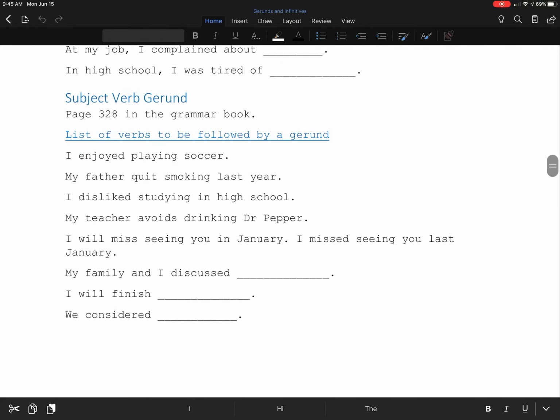Here are some more examples where we can only use a gerund at the end of a sentence. I enjoyed playing soccer. I cannot say I enjoyed to play soccer. After the word enjoy, we can only say an ing verb. I enjoyed playing soccer.